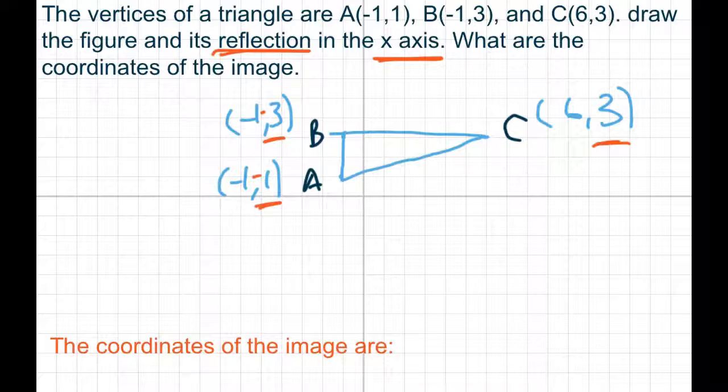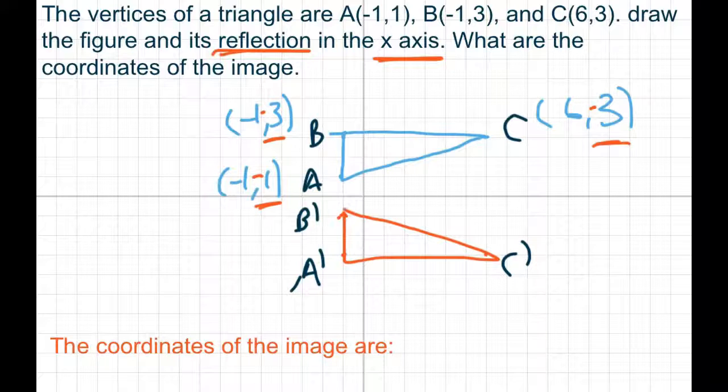We would now plot our new points, which I have just done for you, and then we connect our dots. And we see that the coordinates of the image, the red image here, are going to be A is equal to -1, -1, because only the y value changed.